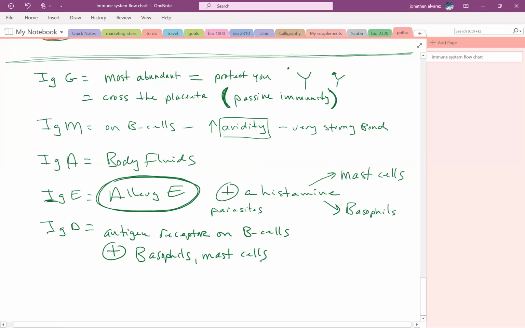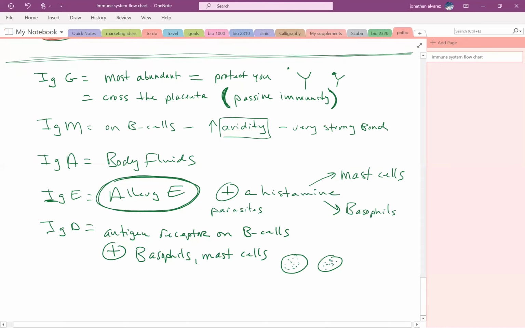Okay, now the reason why mast cells and basophils, okay, if you remember these from looking at them under a microscope in ANP2, they have granules in them.